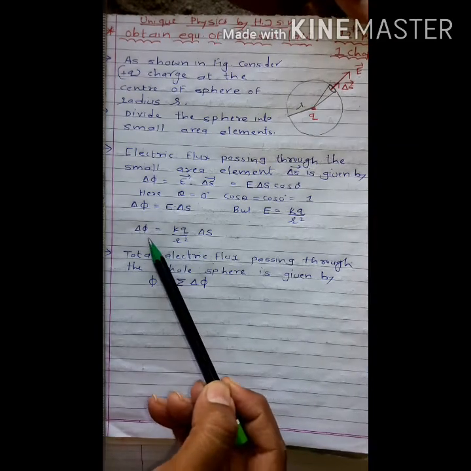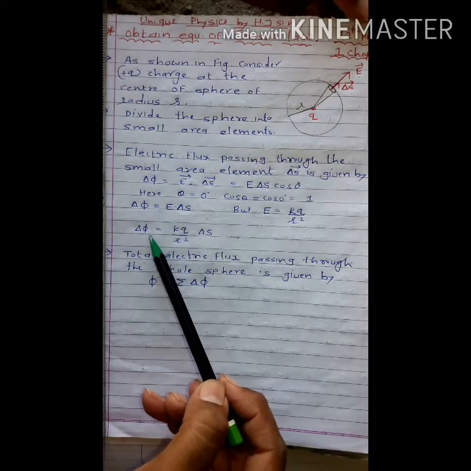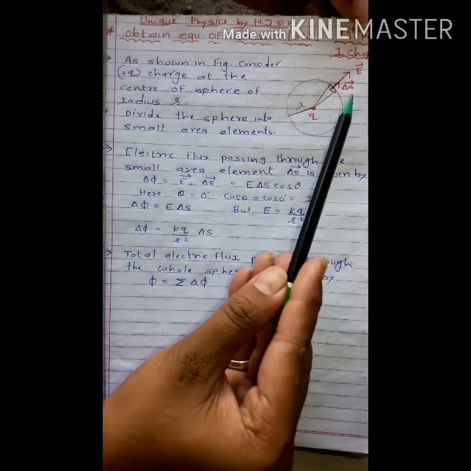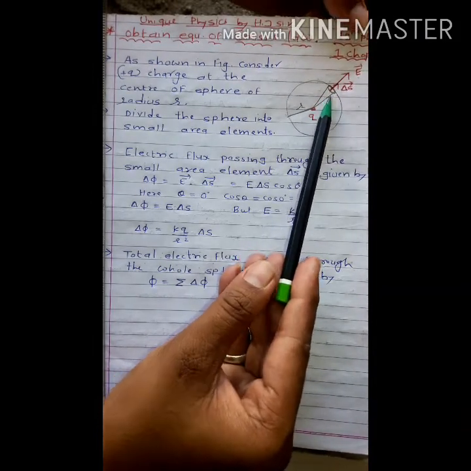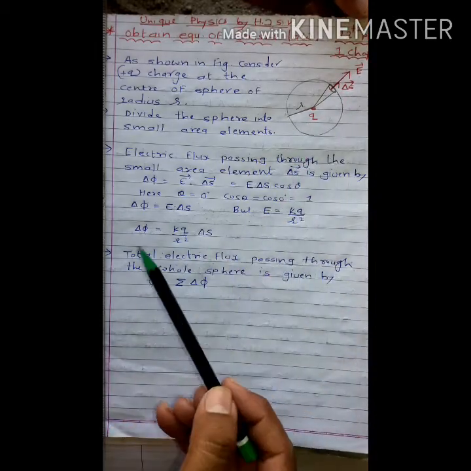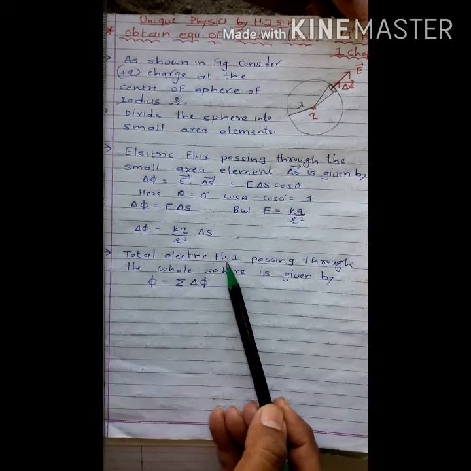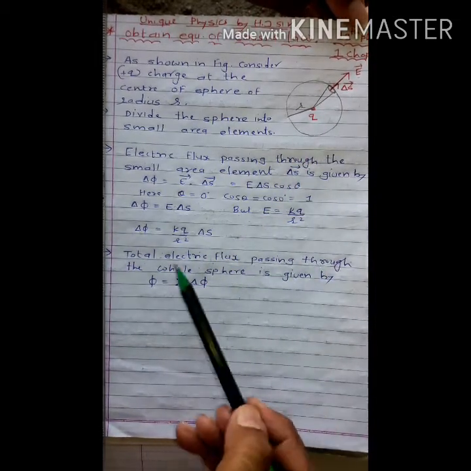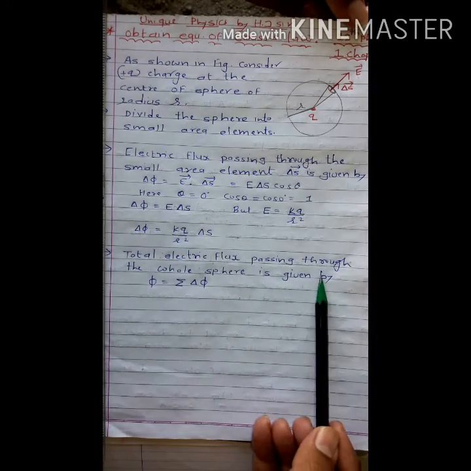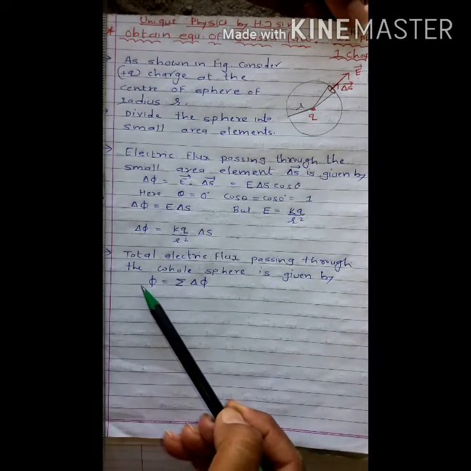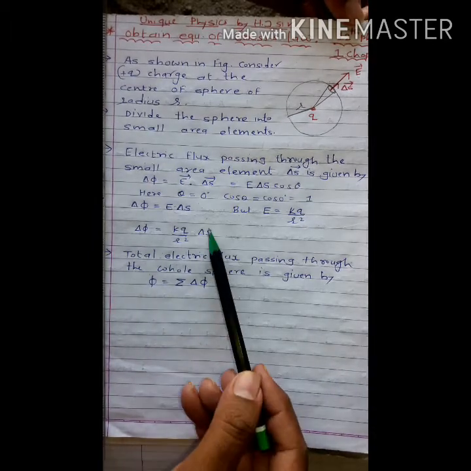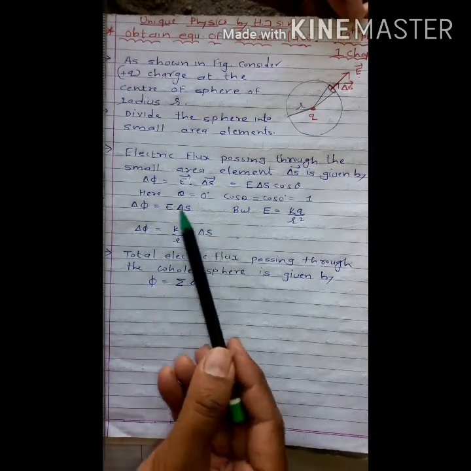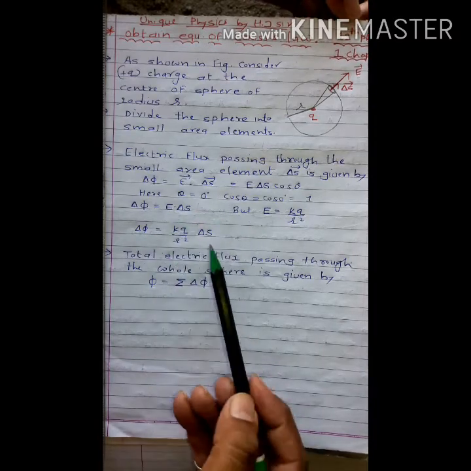Now delta phi represents the small flux passing through the small area element, but here we want the total flux passing through the whole sphere. So the total flux phi is equal to the summation of delta phi.